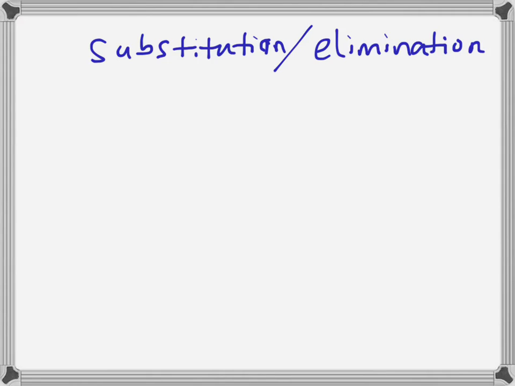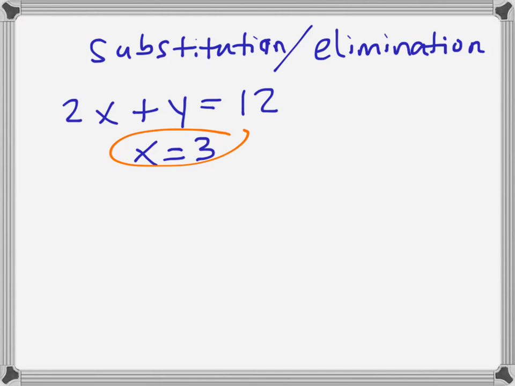Okay, quick review. If I had something like 2x plus y equals 12, and I needed the intersection with x equals 3, then the substitution method works like this: if you know the value of one of your variables, like an x equals or a y equals, we can substitute that value into the first equation for that variable, and then solve for the other variable.